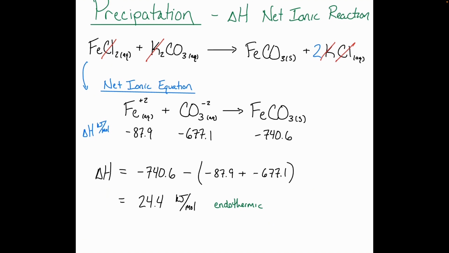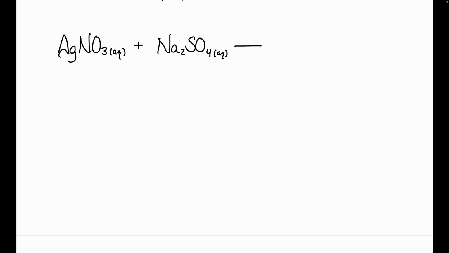All right, so let's just practice one more here. It's been a minute since we've done these net ionic equations. We're going to do silver nitrate plus sodium sulfate. This will give solid silver sulfate and aqueous sodium nitrate.